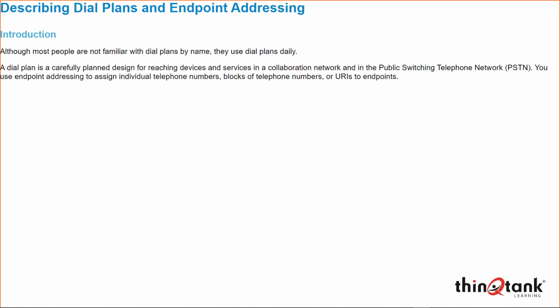So obviously this entire section is discussing how we manage these dial plans, how we manage the endpoint addressing, and how Unified Communications Manager deals with these types of configuration elements, from the context of being a phone system, basically.